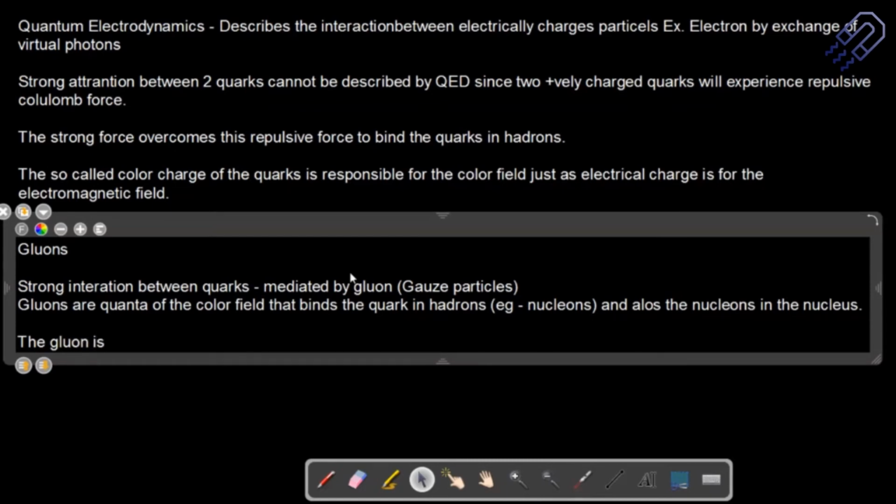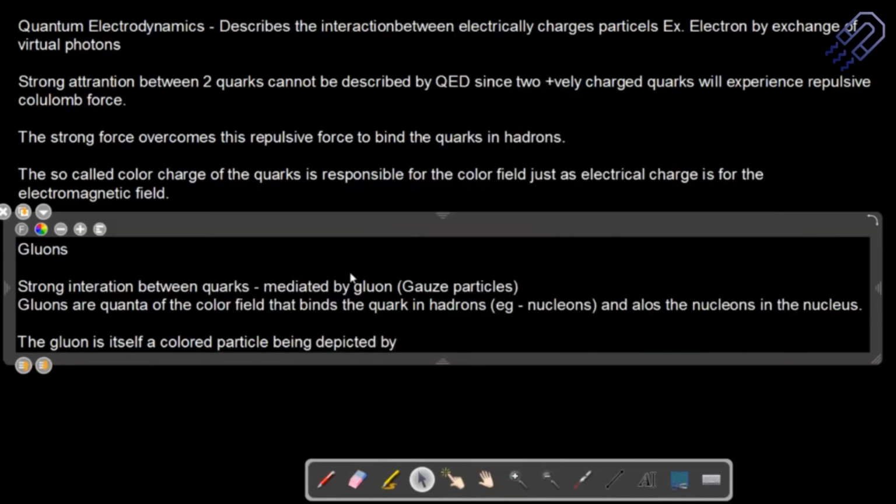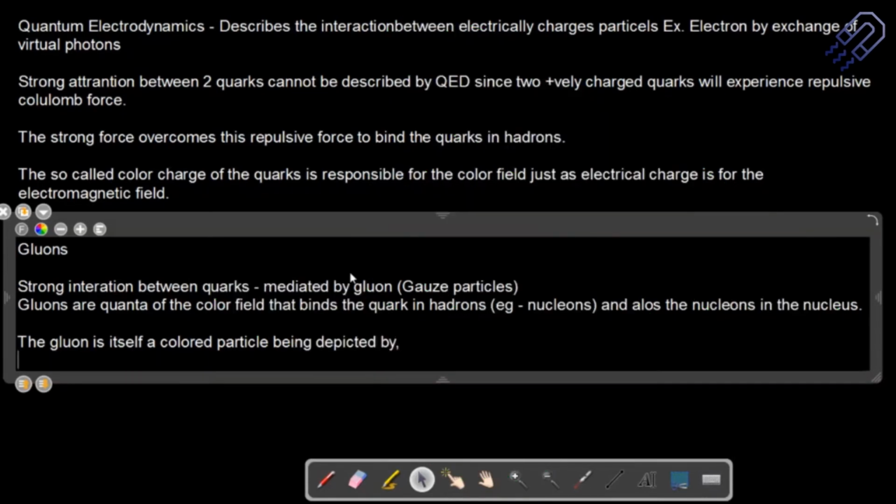So the gluon is itself a colored particle. If you take up the gluon, that is the field that is there, and it is itself a colored particle. It will be depicted by, okay, you take red and combine it with red complement, that will represent a gluon.